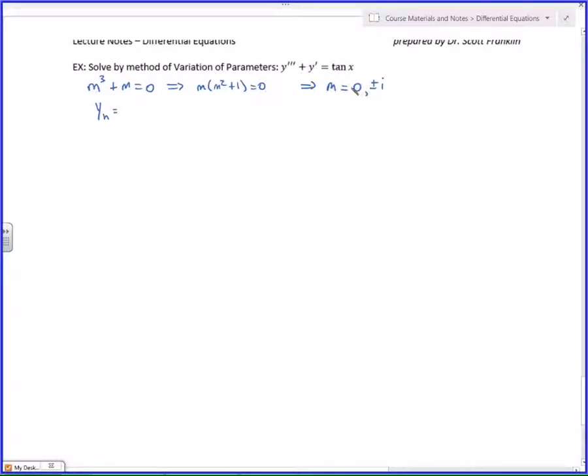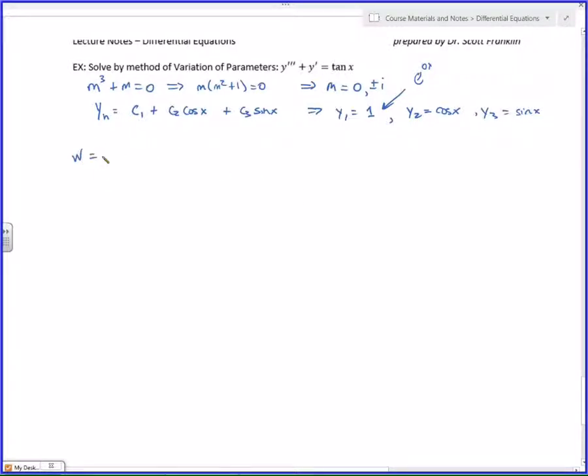This is like e to the 0x, right? Which is just C1 plus C2 cosine and C3 sine. Exactly. So my y1 is 1, my y2 is cosine of x, and my y3 is sine of x. It's 1 because it's e to the 0x, in case you didn't see that.